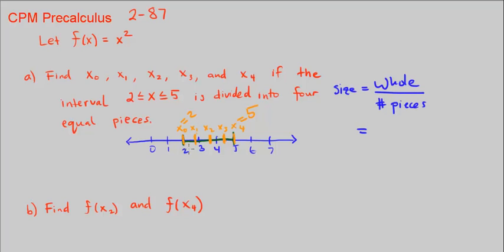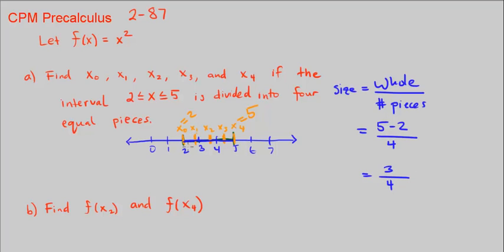The whole part is the distance from 2 to 5, so I can subtract 5 minus 2, which is 3 units. 2 to 3 makes 1, 3 to 4 is 2, 4 to 5 is 3. So 5 minus 2 is 3, over the number of pieces. I want 4 equal pieces, so divided by 4.